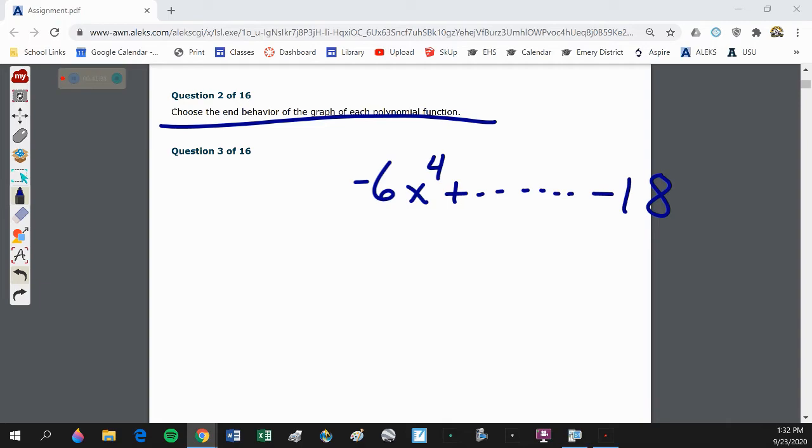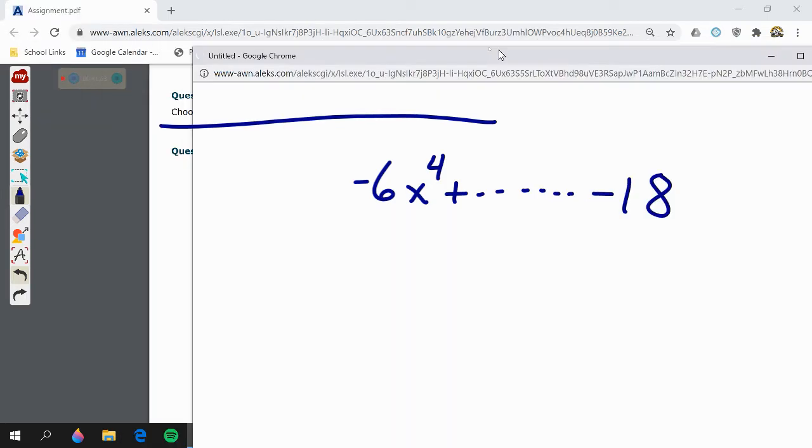Oh, it logged me out of Alex. So for some reason the PDF is blank on that question. So I'll show you what it actually looks like.